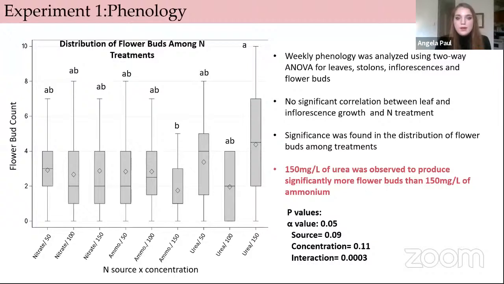So what my data suggests is that if you use 150 milligrams per liter of urea instead of 150 milligrams per liter of ammonia, you will have a greater amount of flower buds produced. But among all other treatments, this was not significant.